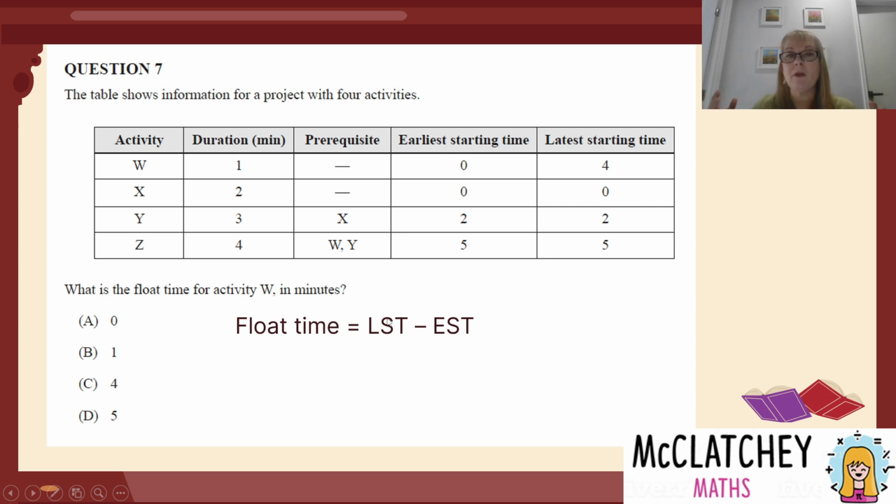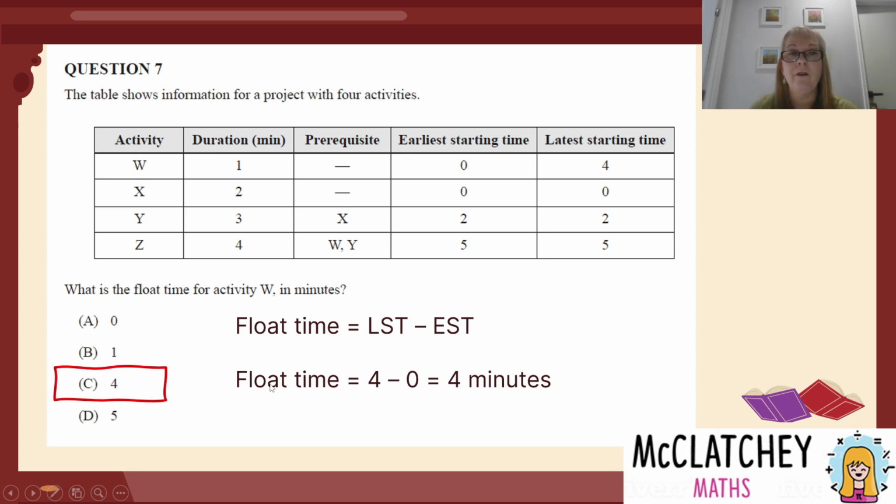It's the amount of time that I'm going to be sitting there doing nothing while I wait for the rest of the activities to happen. So I've got 4 take away 0, which is my latest starting time, take away my earliest starting time, which gives me a total of 4 minutes. And that is my only possible option out of all of the 4 options, option C.